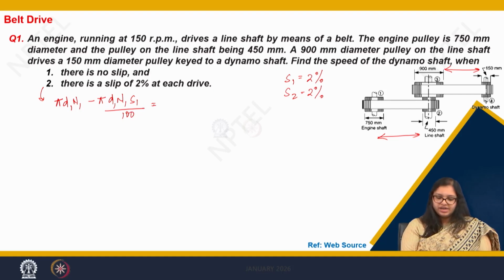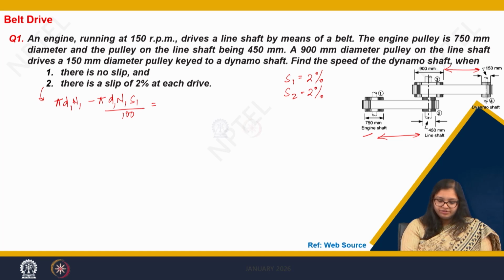What do we understand? That we have a slippage at the engine shaft, so we are subtracting this length of the belt that would move over the engine shaft over that time duration.